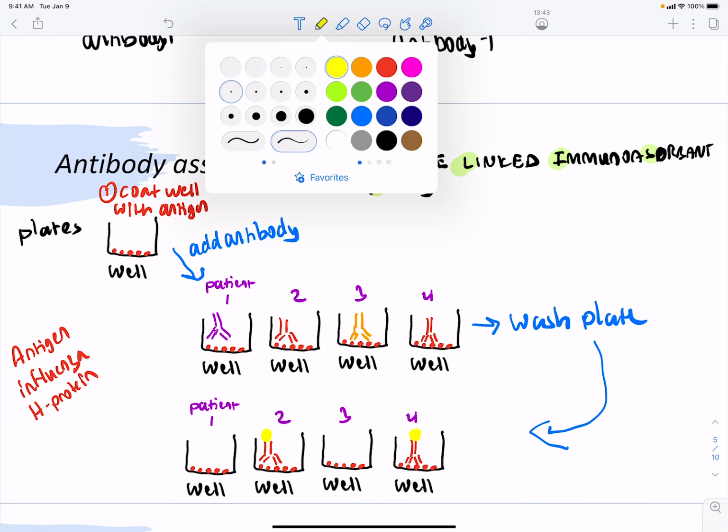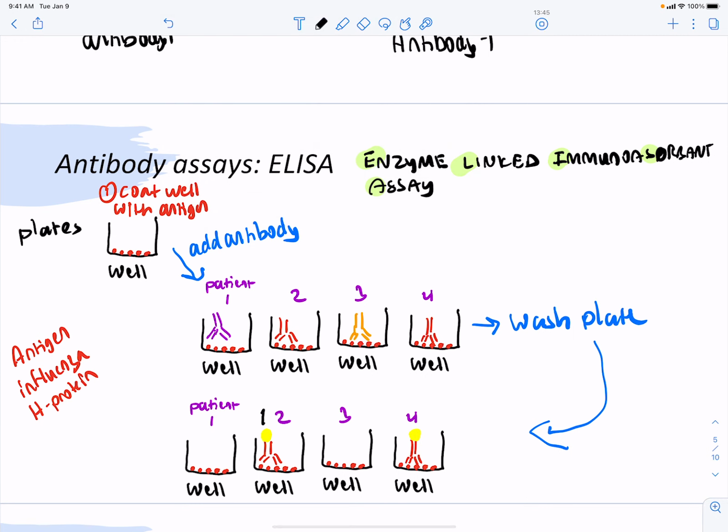And so what you basically get is a color change if there's positive. And then in patient 1 and 3, there is no color. So you know that patient 2 and patient 4 have antibodies that bind to influenza hemagglutinin protein. And you know that patient 1 and patient 3 do not have these antibodies.